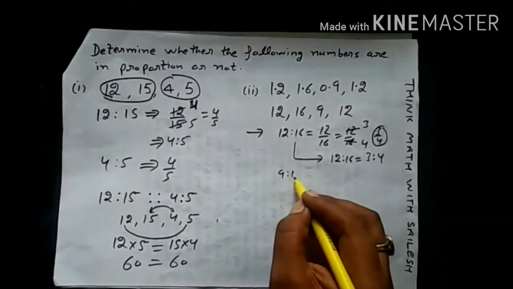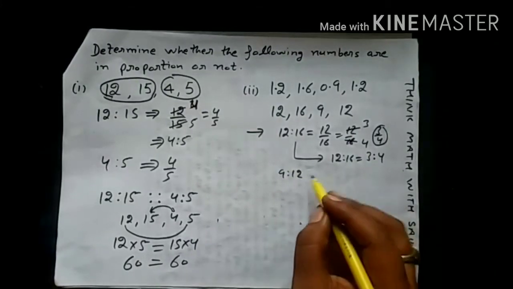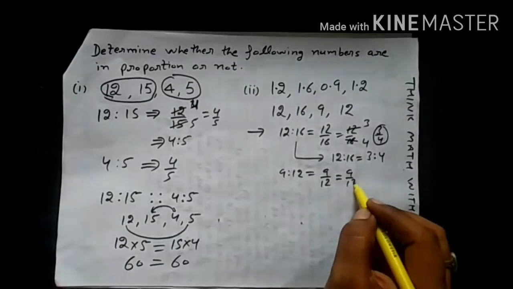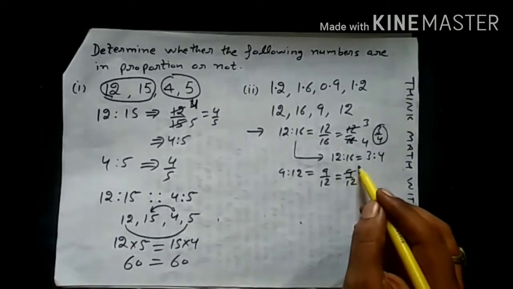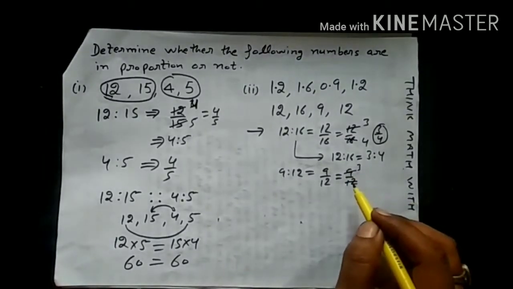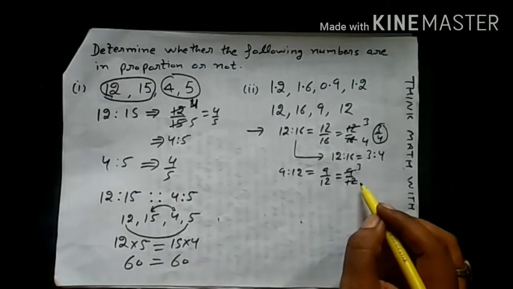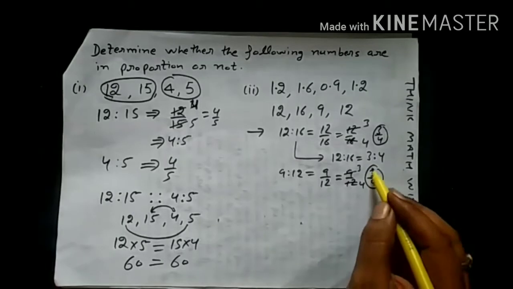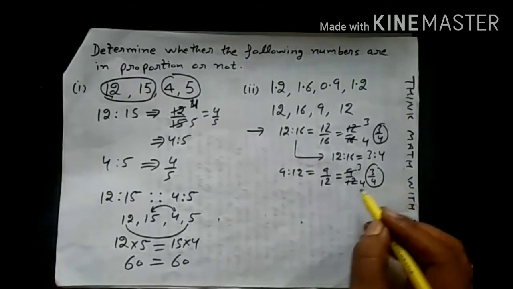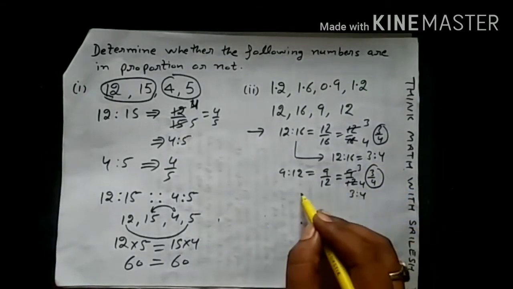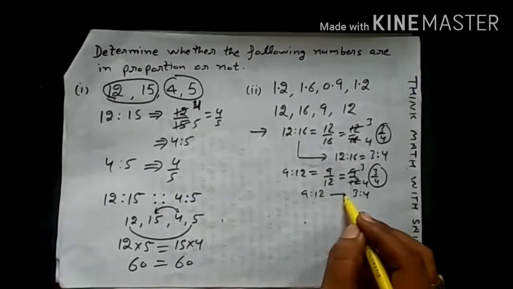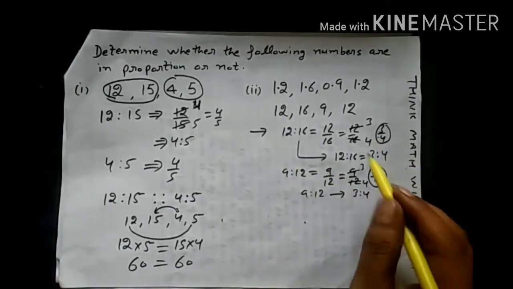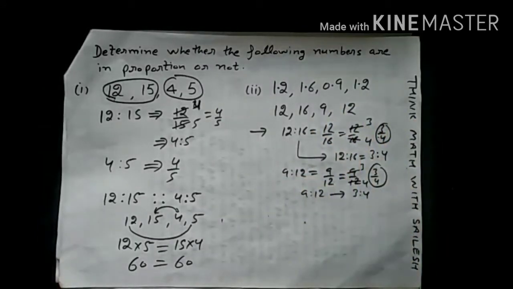Now the second group of numbers, 9:12. 9/12, now we may divide it by the table of 3. 3 threes are 9 and 3 fours are 12. So it is 3/4. So it can be written as 3:4. So 9:12 is also equivalent to 3:4.